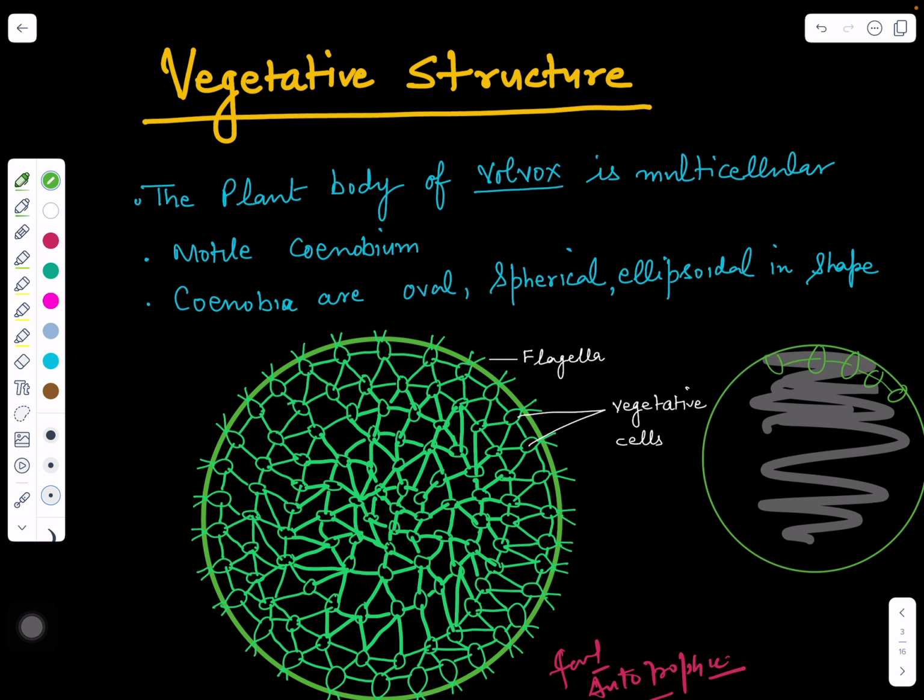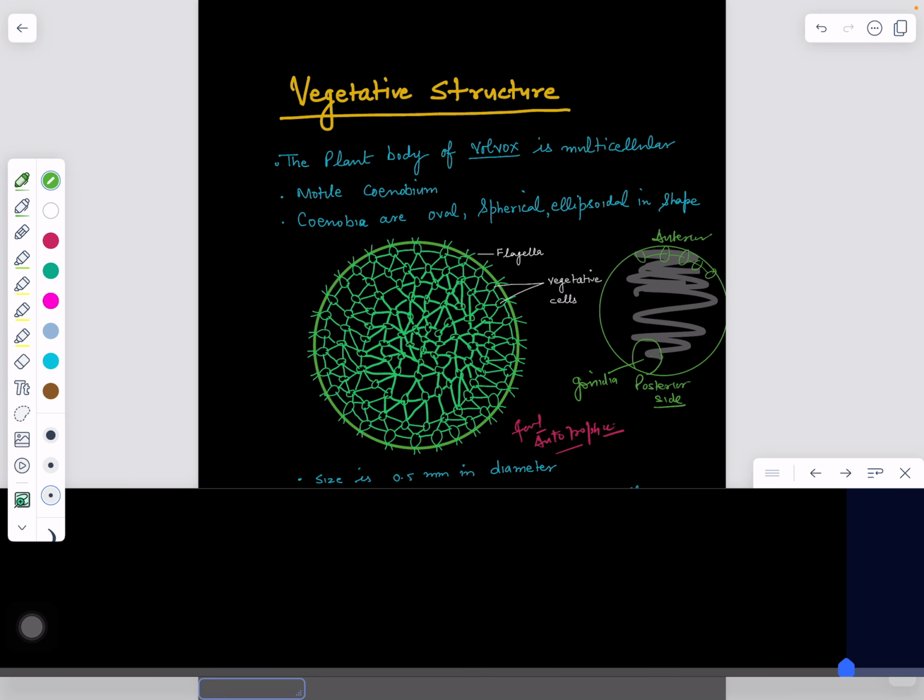So what happens: this is the anterior side of the coenobium, and this is its posterior side. Now in the posterior side, some of the cells will enlarge in size and help in the formation of gonidia. So this will enter into the reproductive part of asexual reproduction.